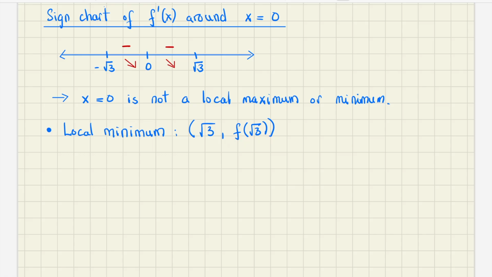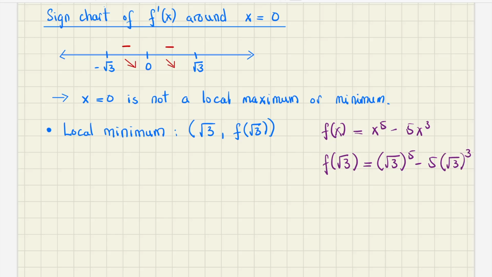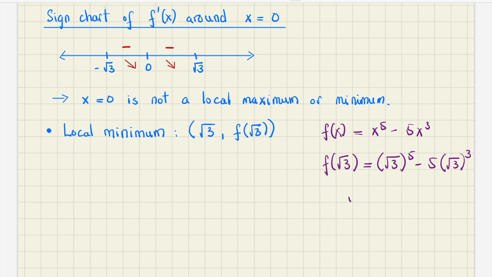Now we need to find f of root 3. f of x equals x to the fifth minus 5x to the third. f of root 3 equals root 3 to the fifth minus 5 times root 3 to the third. From here, I factor root 3 to the third out, and I have root 3 squared minus 5.